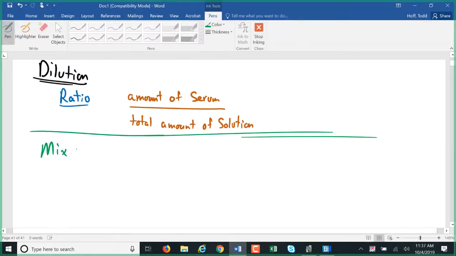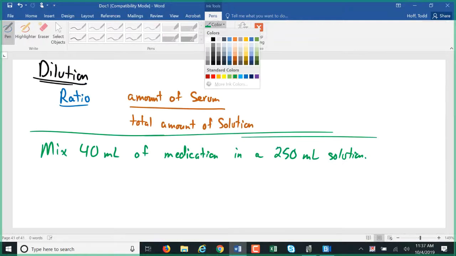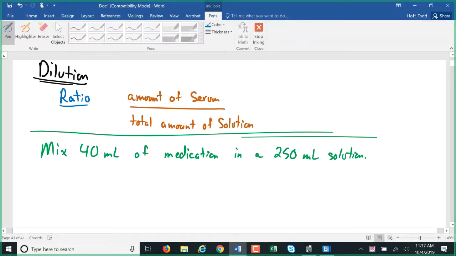So if I mix 40 milliliters of medication, serum, in a 250 milliliter solution, that is the total solution. That's 250 milliliters. 40 milliliters, that's the medication.